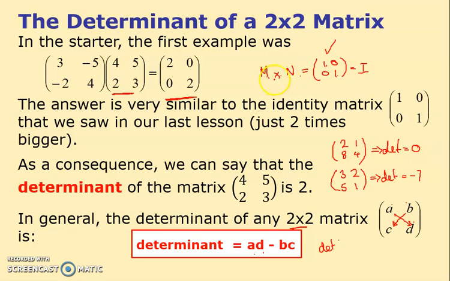So up here, for instance, I just write determinant of matrix N. Another way of writing it is to put the M and just put lines around it. These are the same thing. So you've got different notations for the determinant. But notice the rule. It's worth writing down. Determinant is AD minus BC.